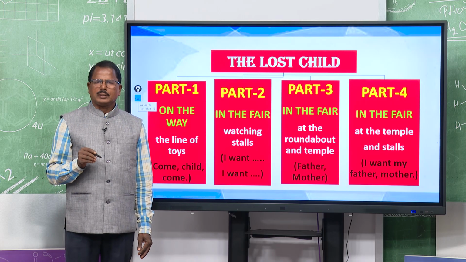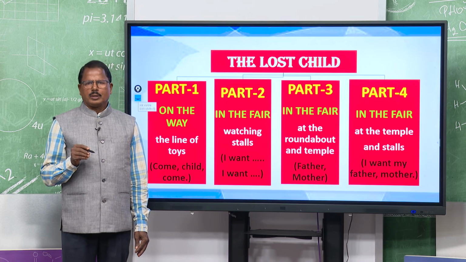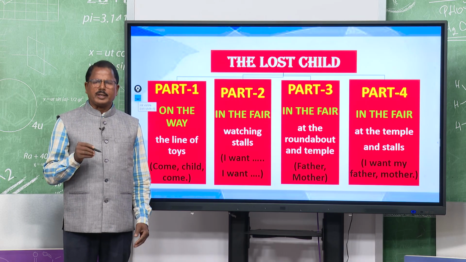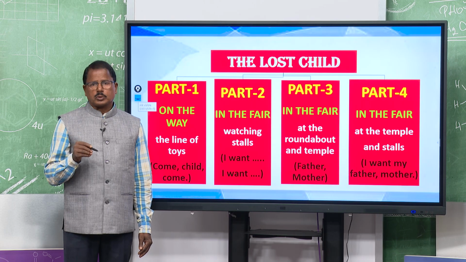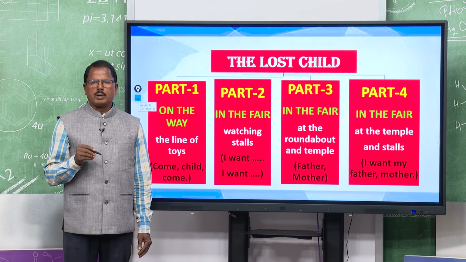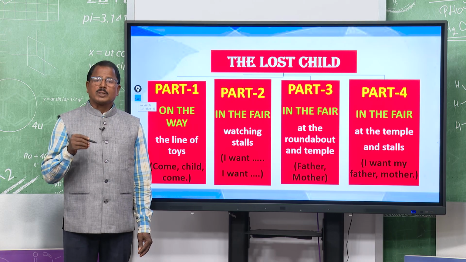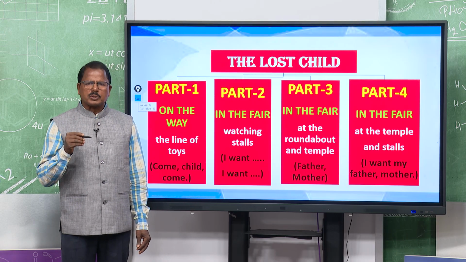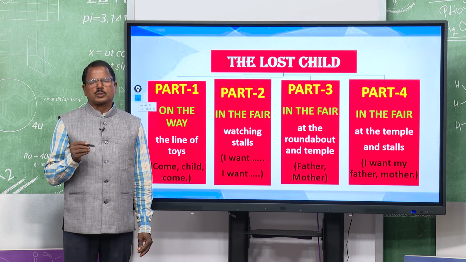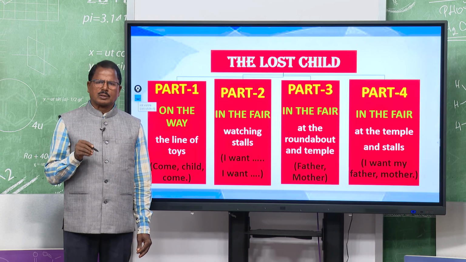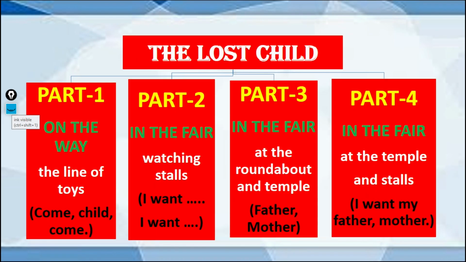In part 3, in the summary we also discussed, when he was watching different stalls, he came to the temple and the roundabout, and he was very much eager to sit in the roundabout. He looked at his parents, but could not find them, and at the roundabout he felt that his parents were missing.